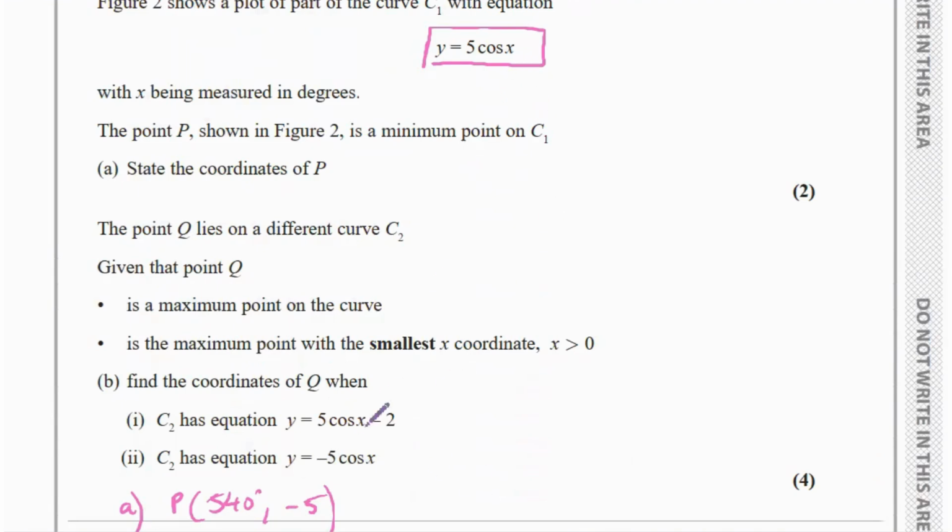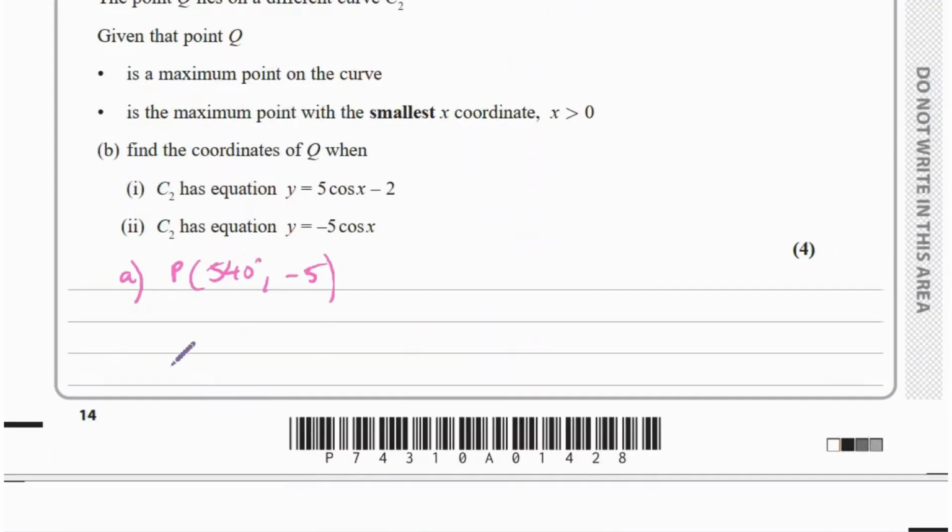So to the same graph, now we're moving 2 units down. There is a vertical translation happening. If you're moving 2 units down, that means your y value is going to change. Y value is going to be 3 now. Nothing is happening to the x value because there is no horizontal translation or any transformation. It's just a vertical translation.